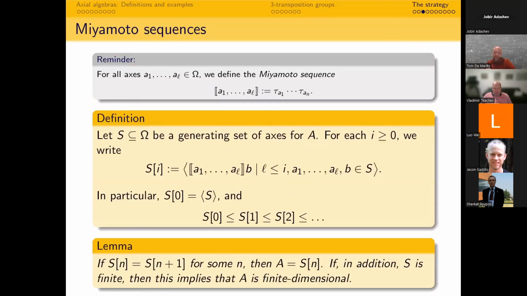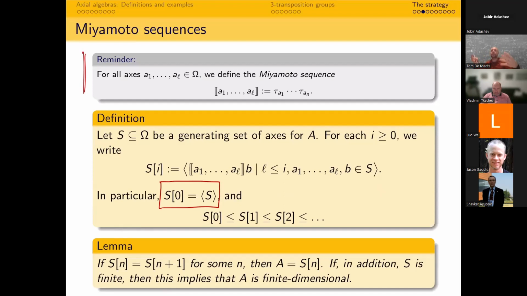So these are the things that we consider. What do we do with that? I've repeated the definition here as a reminder. We make larger and larger subsets of our algebra. We start with S0, which is just a generating set of axes. In this situation it contains just 4 elements, and we take the subspace of the algebra spanned by these 4 elements.